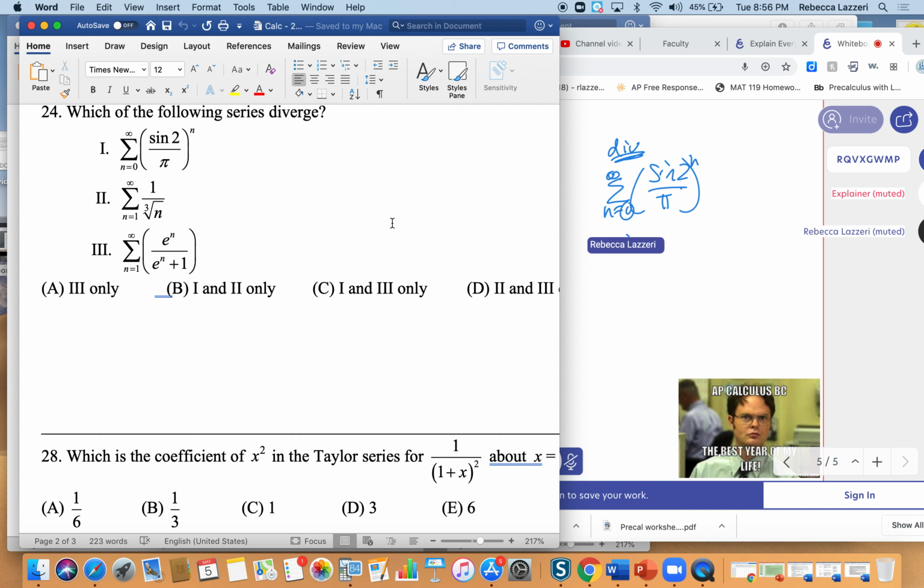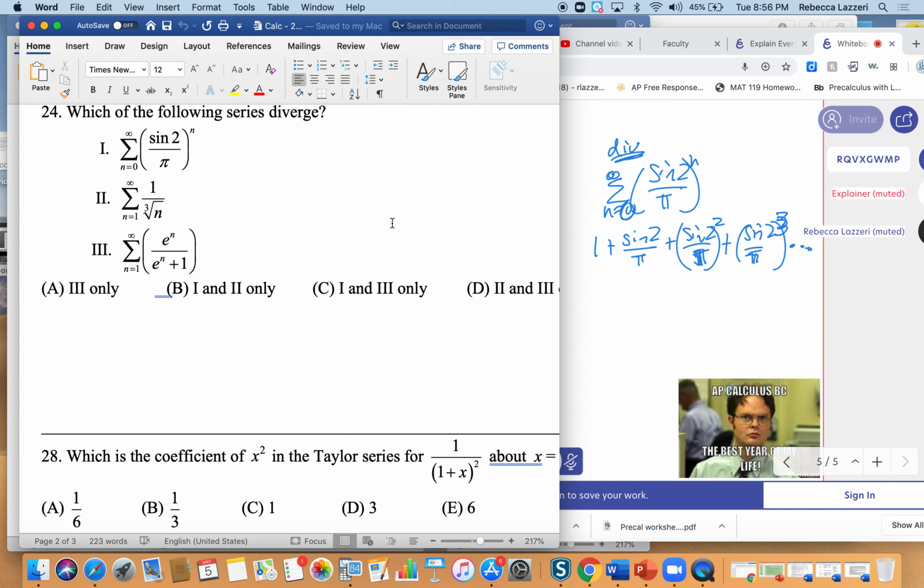If I put in 0, I get sine of 2 over pi to the 0, which is 1. Then I get sine of 2 over pi to the first, sine of 2 over pi to the second, pi to the third, and so on.